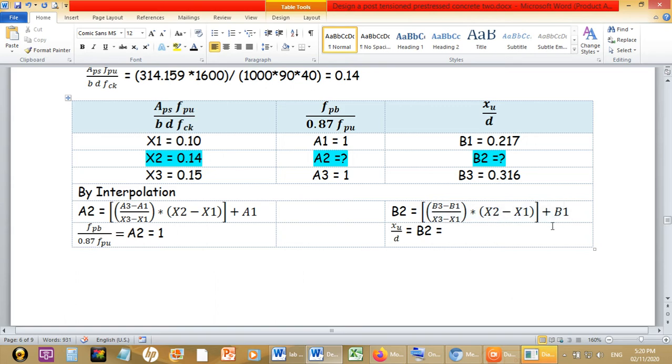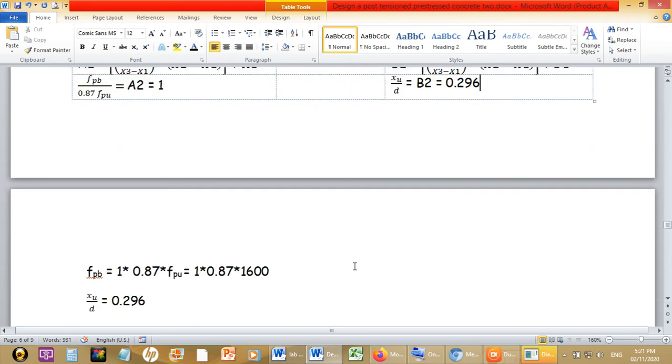When we put all these values in and do the calculation, we get the value of B2 as 0.296, meaning XU by D is 0.296, and FPB divided by 0.87 FPU is 1. Now from these two expressions we are going to find the values of FPB and XU.